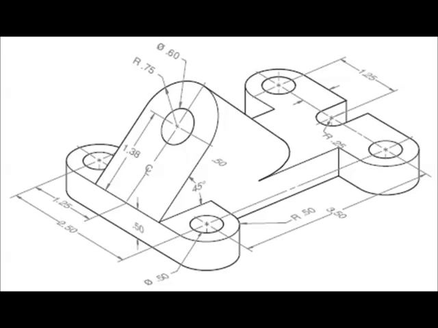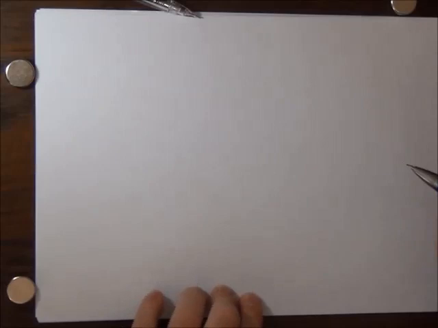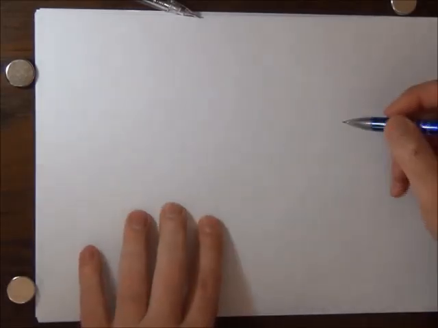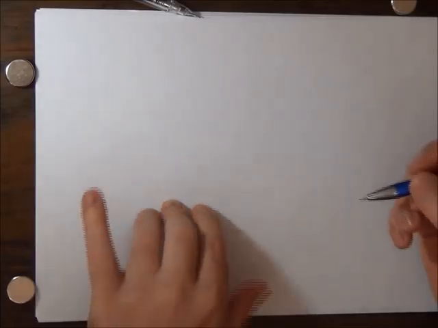Then we will do an external top view so that we can show the 4 mounting holes, and we'll do a partial auxiliary view to show the detail of that inclined plane. So let us start. As I said, main view, left view, top view, auxiliary view.